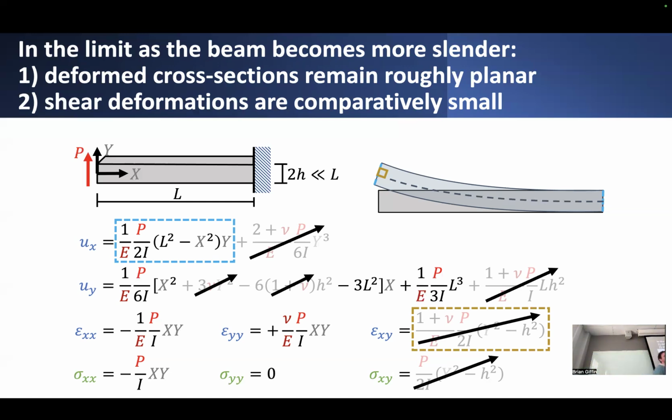That term goes away, so we just have a term that's basically linear in y, which is equivalent to saying that the deformation really can be idealized almost like a rigid rotation of one of these sections. So we recover these assumptions of beam theory as a special case of our more general theory of elasticity.